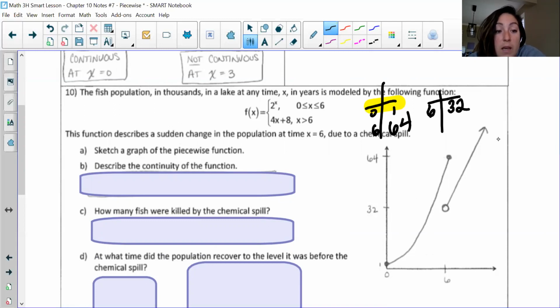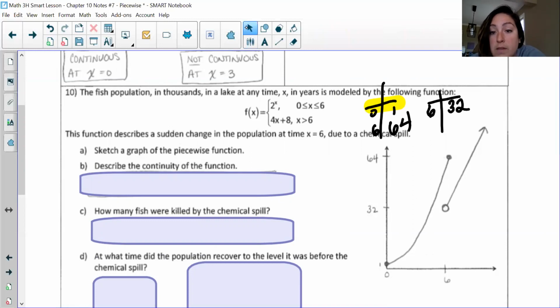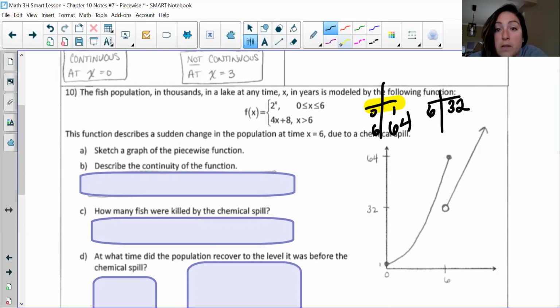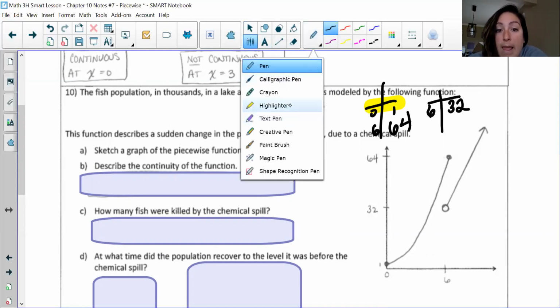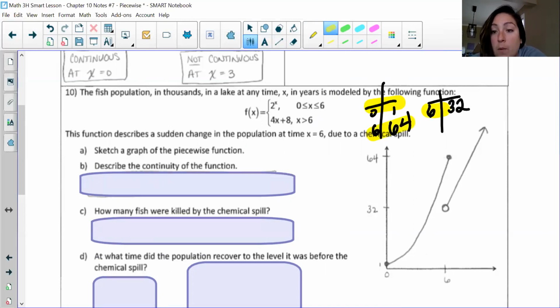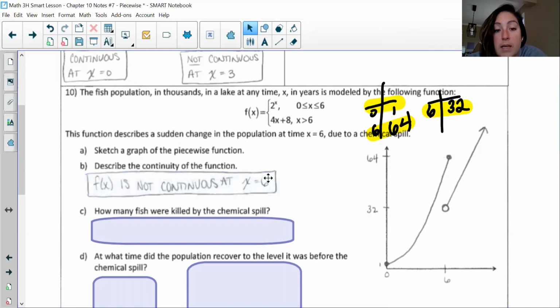All right, so B, describe the continuity of the function. So since the two functions do not have the same y value at the same x value, x equals 6, that point of piecing the two functions together, it is not continuous at x equals 6.